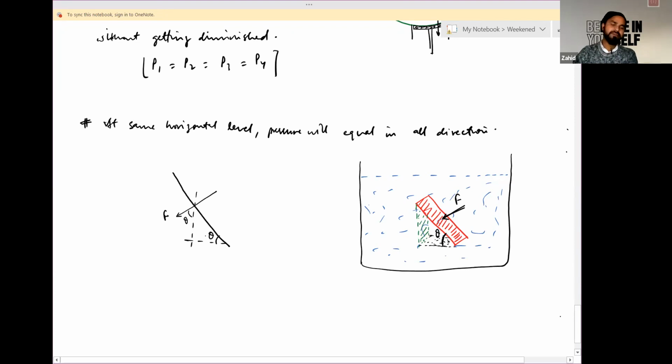Depending upon this theta, this F will have two different components. One will be termed F times cos theta, and the other F times sin theta. Is it clear? Yes.